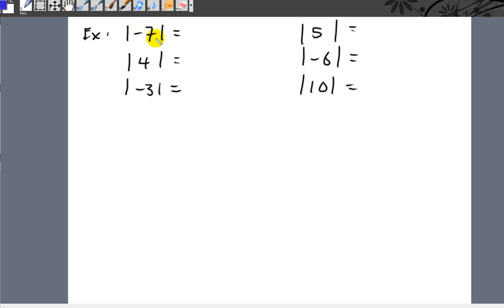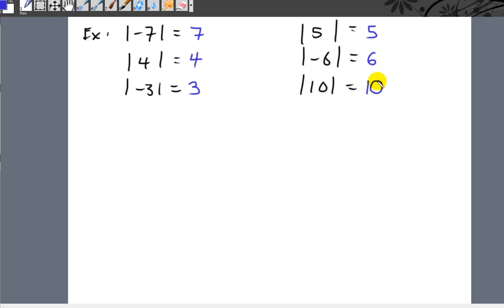Like I mentioned earlier, the absolute value of a negative number is always positive, so that's 7. The absolute value of a positive number is also positive, so the absolute value of 4 is 4. The absolute value of -3 is +3. The absolute value of 5 is +5. The absolute value of -6, negative becomes positive, is 6.